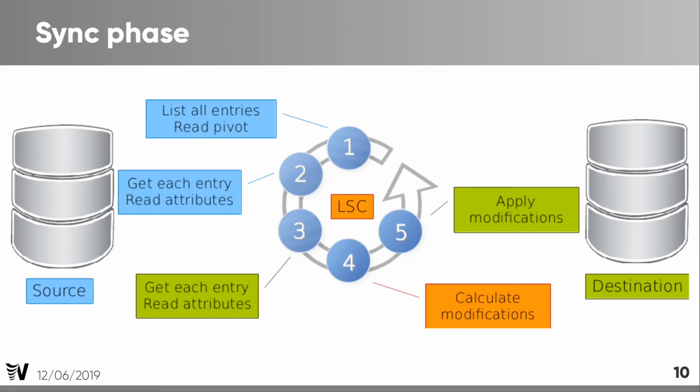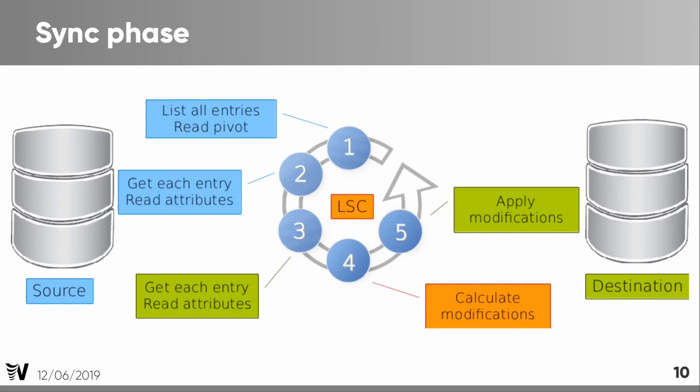If LSC cannot find any entry in destination with the pivot value, it means the entry is not yet created, and LSC will create the entry. So LSC reads all entries, reads attributes, and will then compare all values, calculate modifications, and at the end it will apply all these modifications.